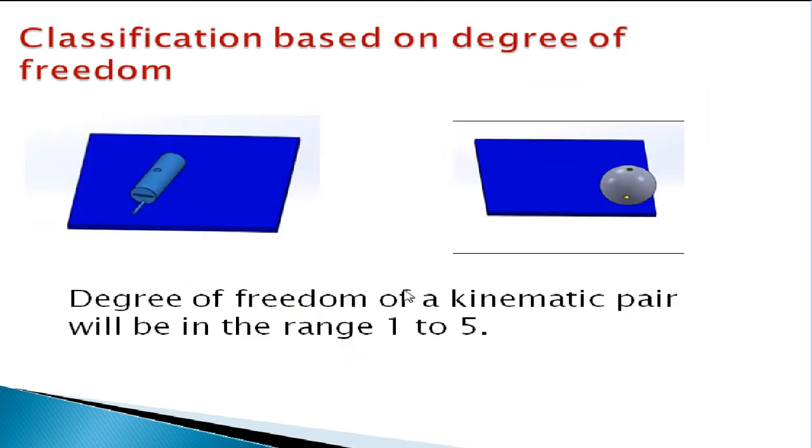What you see here is a kinematic pair formed by a cylinder and a plane. We'll quickly go over the 4 relative motions. We have one rotation we have already seen, translation along x-axis, translation along y-axis, and then rotation about y-axis. 4 degrees of freedom.